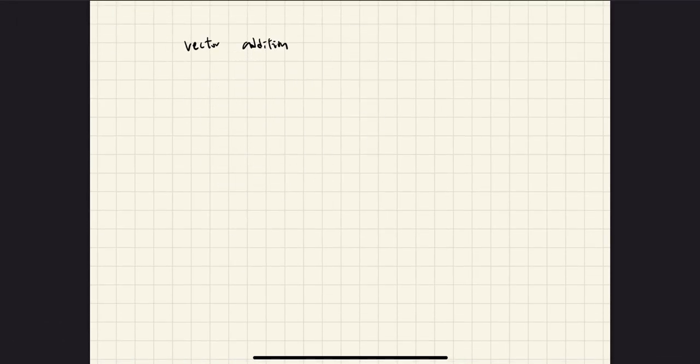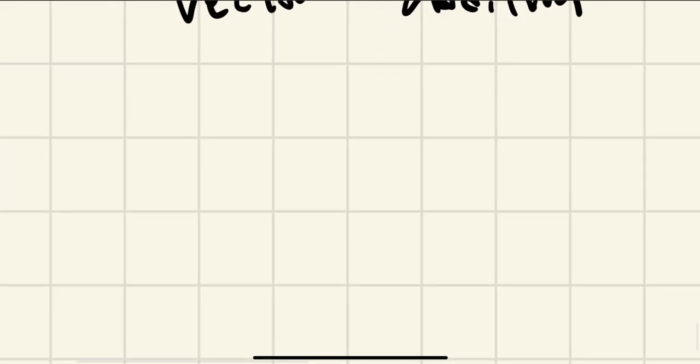Now vector multiplication is a little more complicated. I'm mixing it up. Vector multiplication, okay. For vector multiplication, there's the vector cross product that we won't be learning, but we'll be learning the vector dot product.